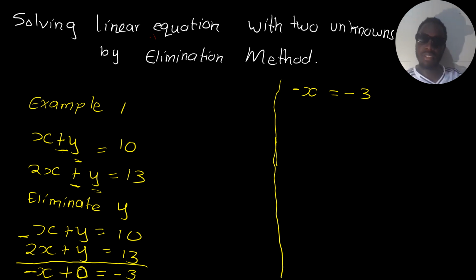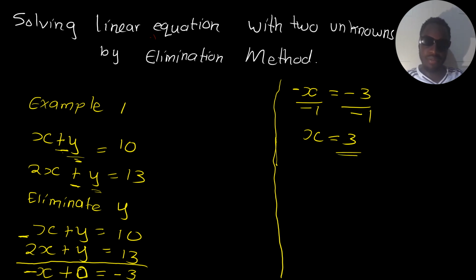Here we divide both sides by negative 1 to eliminate the negative, which is the coefficient of x. So our value for x is 3. After you have found the value of x, you substitute it into either of the equations. You replace x with 3 in x plus y is equal to 10.